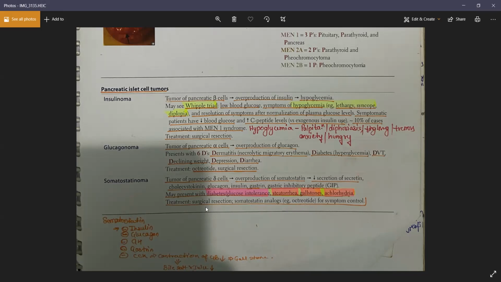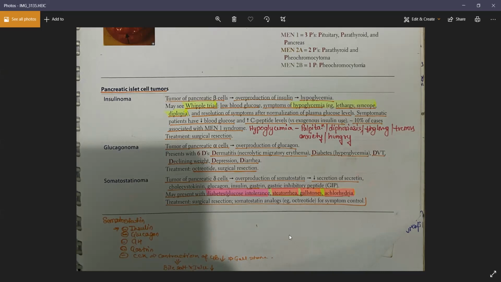The surgical resection is the ultimate thing that you will do for the patient, but for the symptoms, for some time, you can give the patient octreotide also. I've searched on Google, and it is a therapy that is being used nowadays. Okay, so yeah, you need to remember this octreotide. I know it is very confusing, giving the somatostatin analogue in the somatostatinoma, but you know we use that.